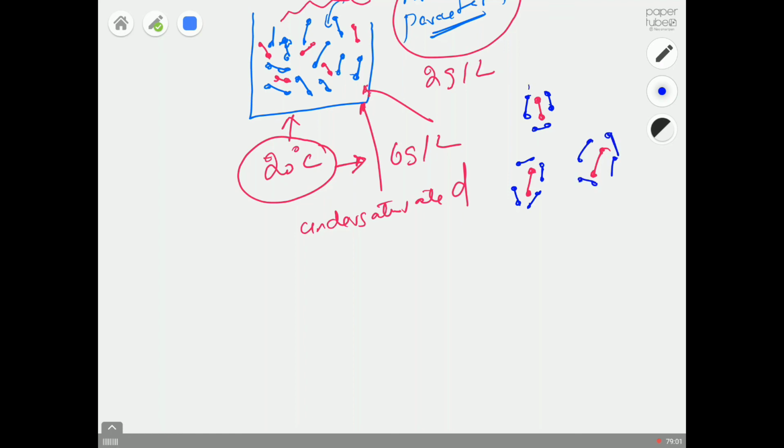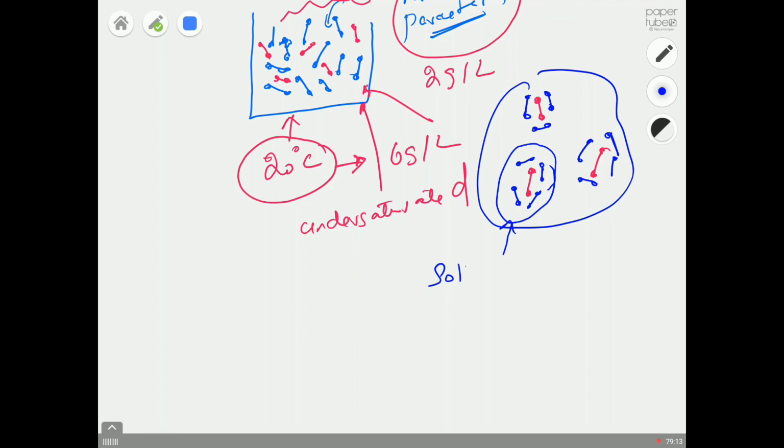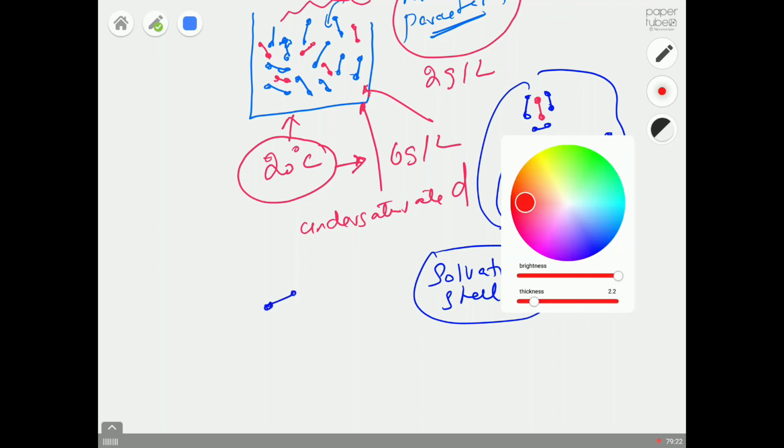And that happens due to solute and solvent interactions. The people who are working in molecular simulation call this a solvation shell. So if you have one API like this, sometimes you need 3 solvent molecules to make one shell.